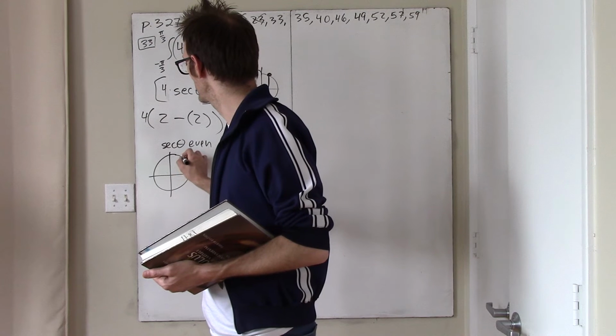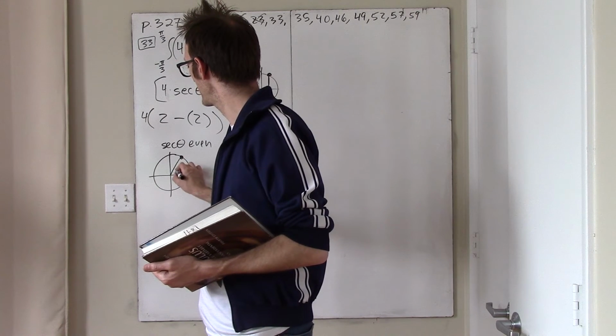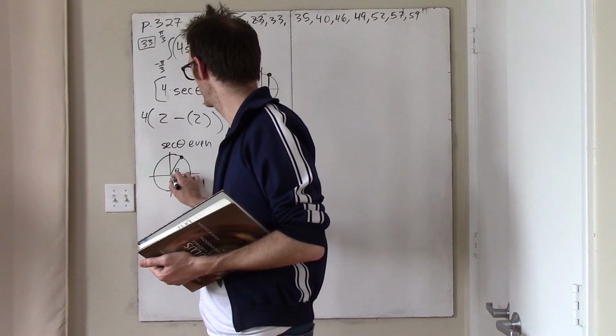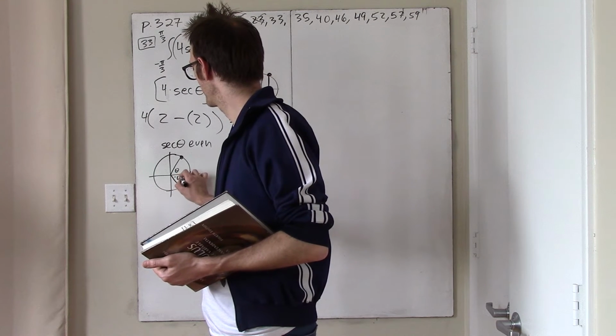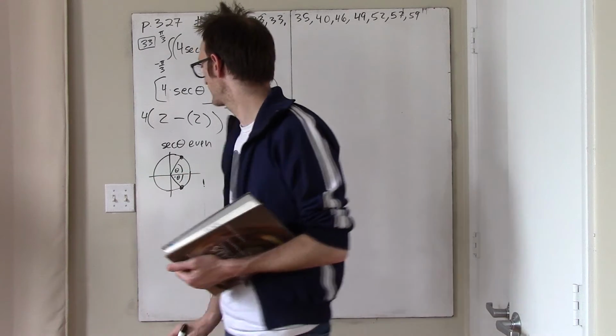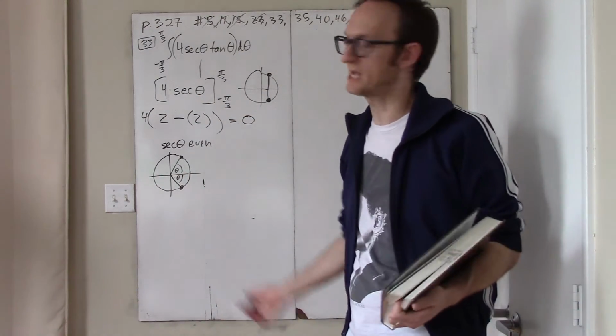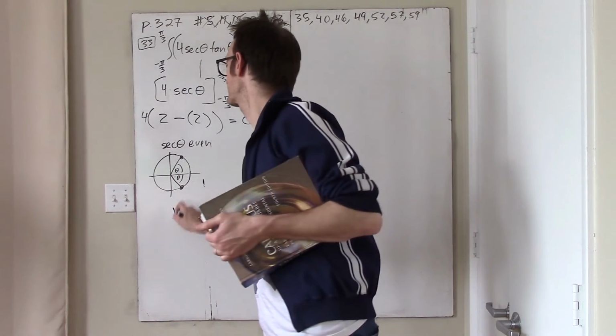So if you give me some kind of theta and you give me some kind of negative theta, then they just have the same cosine and therefore they have the same secant is one way of putting it. So that's just a fact.